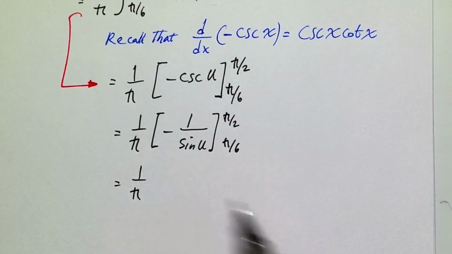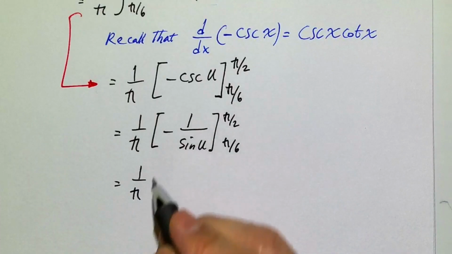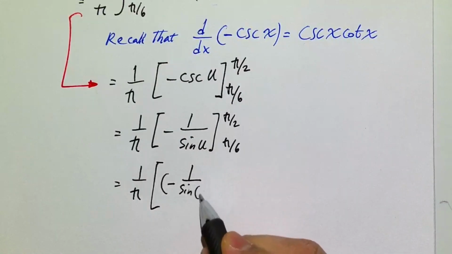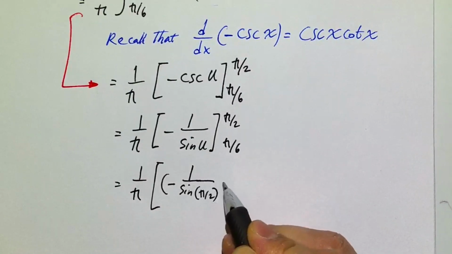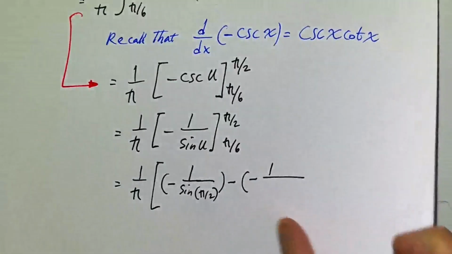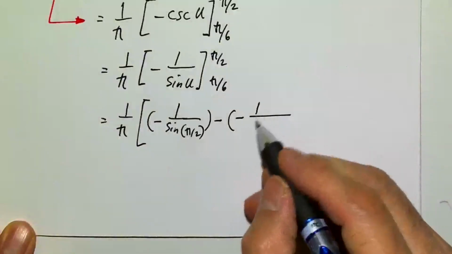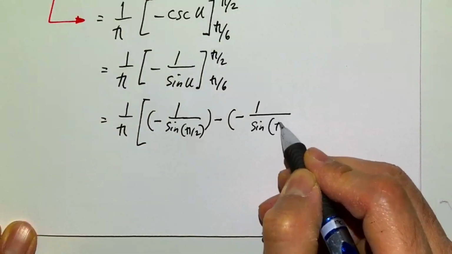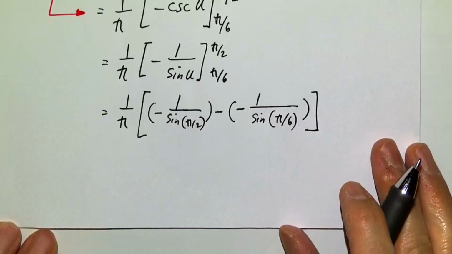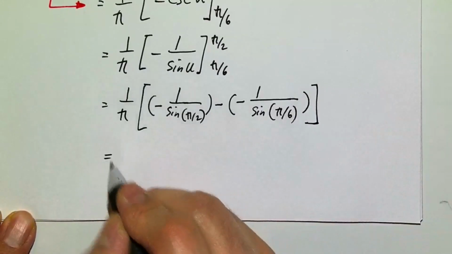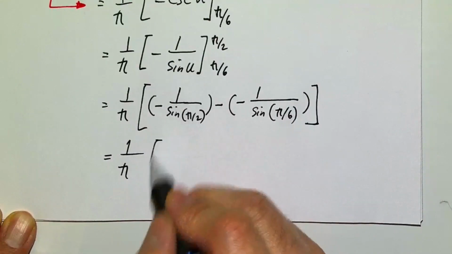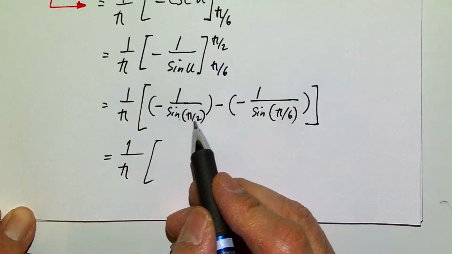So we have 1 over pi, and then minus 1 over sine of pi over 2 minus 1 over, minus sine of pi over 6, like that. Okay, so sine of pi over 2 is easy, it's just 1.